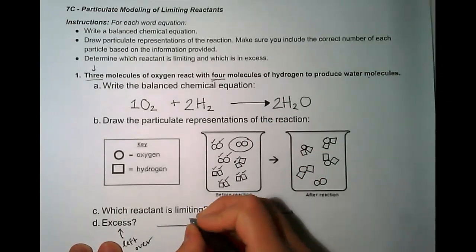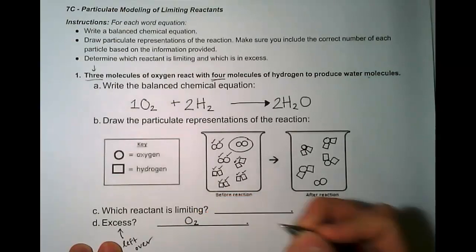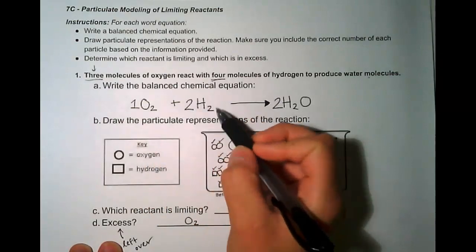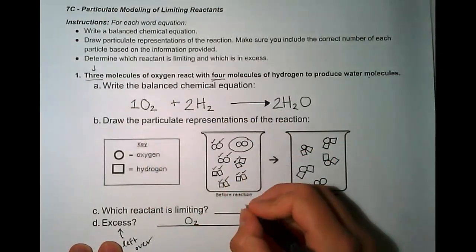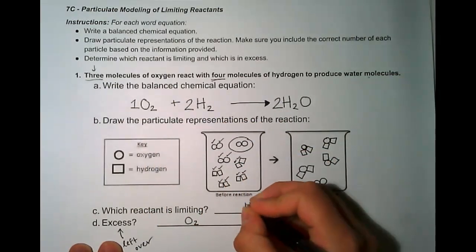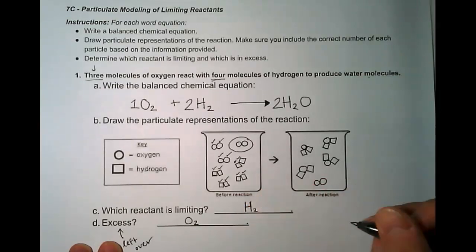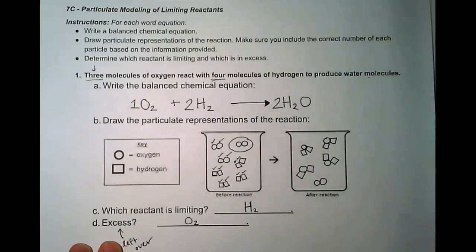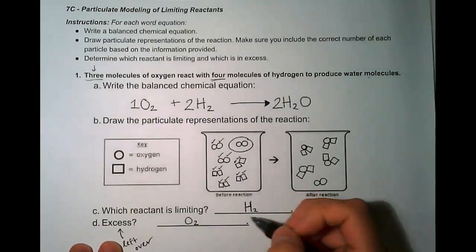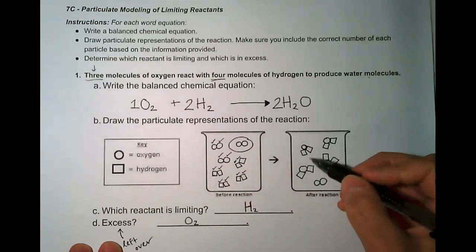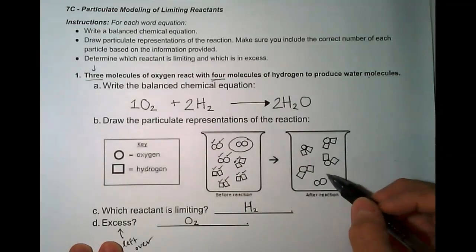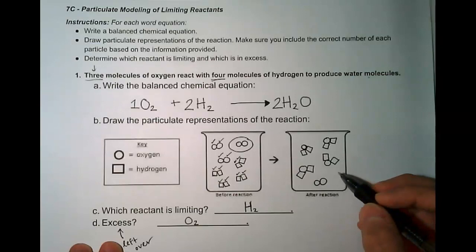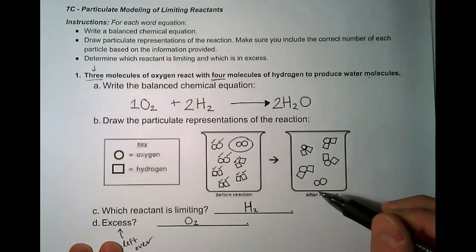So my oxygen, O2, is available in excess, which means that my other reactant, my hydrogen, H2, is my limiting reactant. And remember that a limiting reactant is the one that runs out first and stops the reaction from happening. So because we ran out of hydrogen, we couldn't produce any more water molecules, so we just have leftover oxygen. We have leftover reactant once our reaction is done happening.